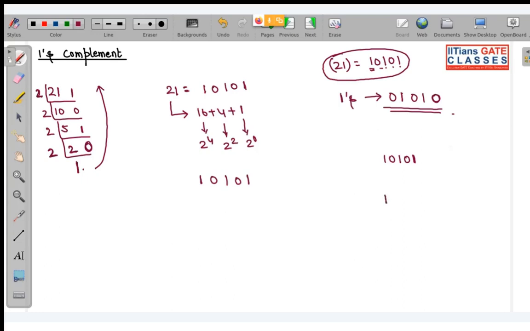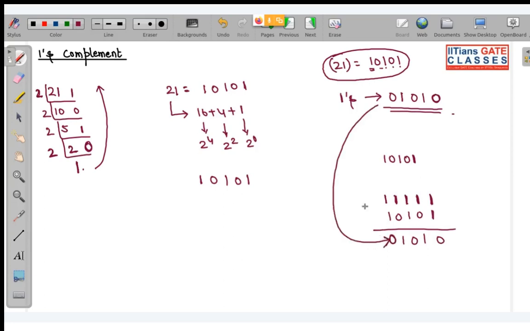It will be 11111. So from this 11111, I subtract this number 10101 to get the ones complement. 1 minus 1 is 0, 1 minus 0 is 1, 1 minus 1 is 0, 1 minus 0 is 1, 1 minus 0 is 1. You can see this is the ones complement.